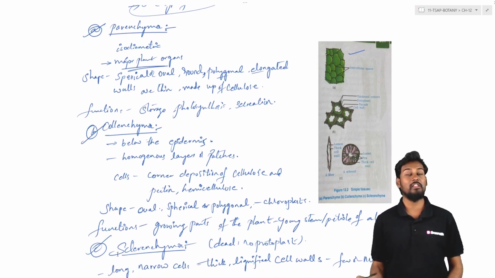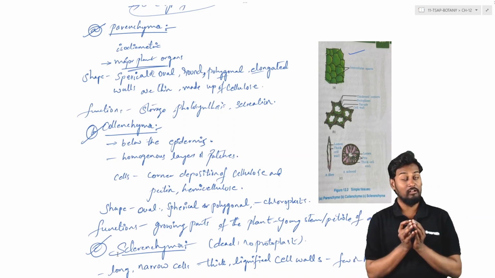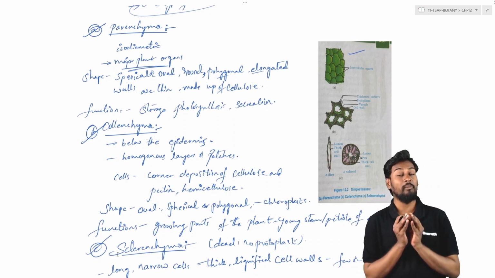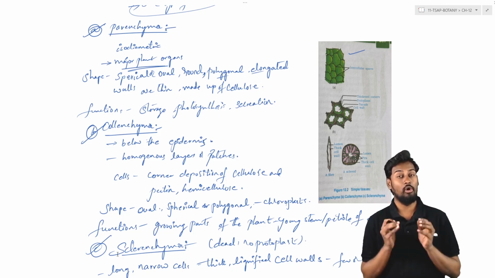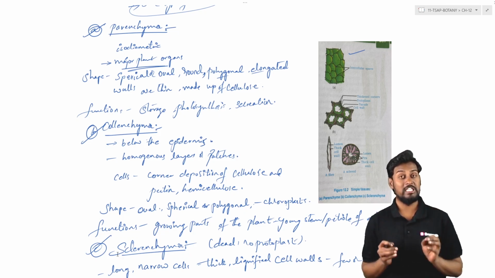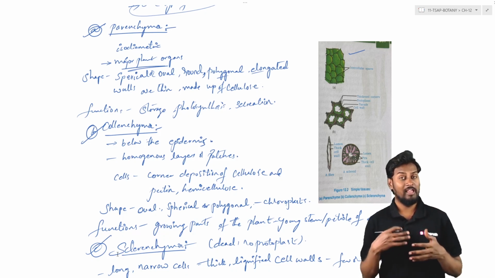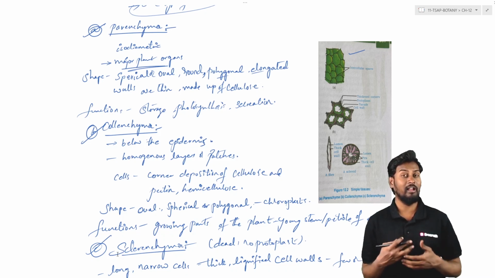So parenchyma is the one, these are the cells which are forming most of the plant organs. అంటే మేజర్ గా మనకు plant organs గాని plant tissue initially in the early stage of life after the germination, as it is growing, as it is in a tender age, that is generally consisting of parenchymal cells.